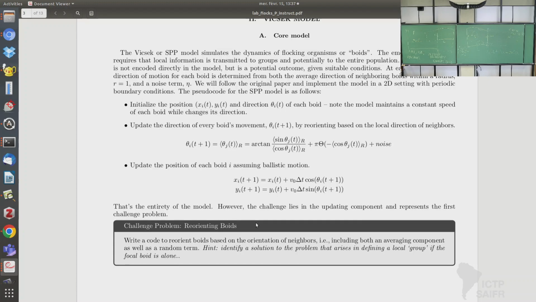So let's break it down in the following way. If you didn't have periodic boundary conditions, so in other words, if you were always in this part of the space, you know what you have to do, right?